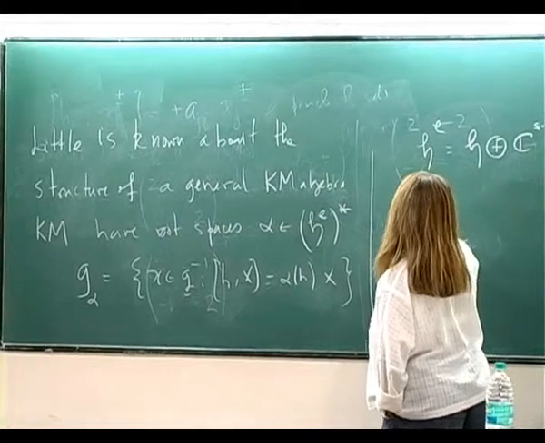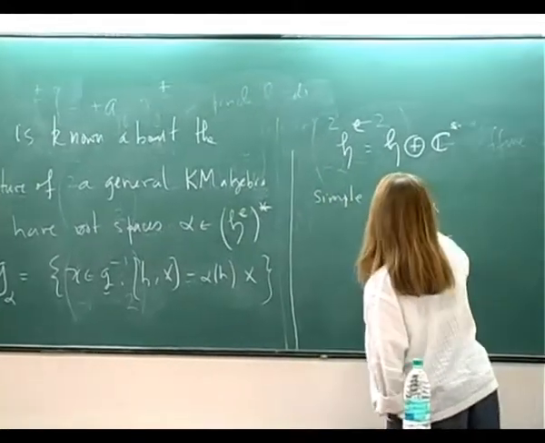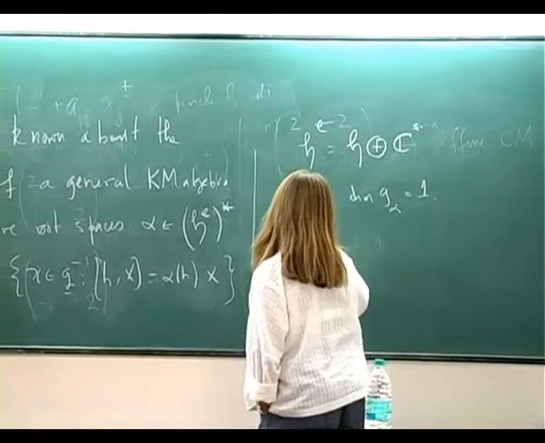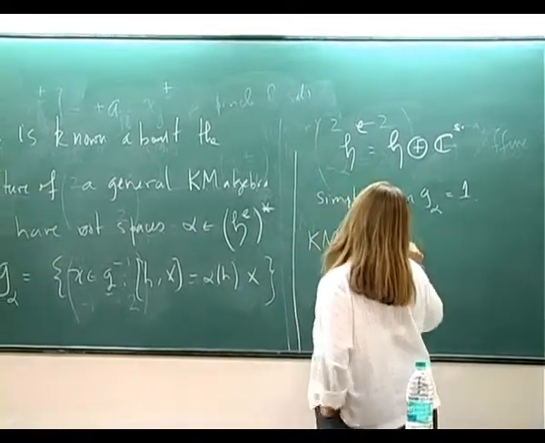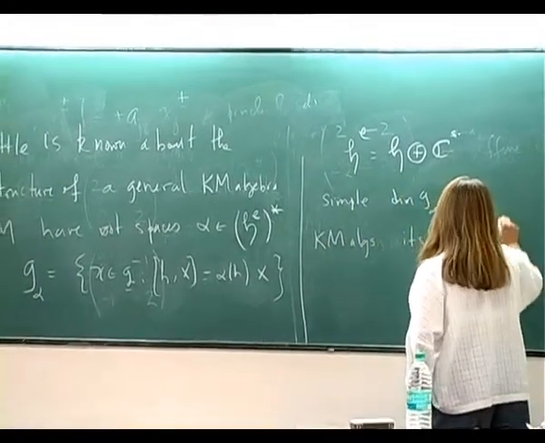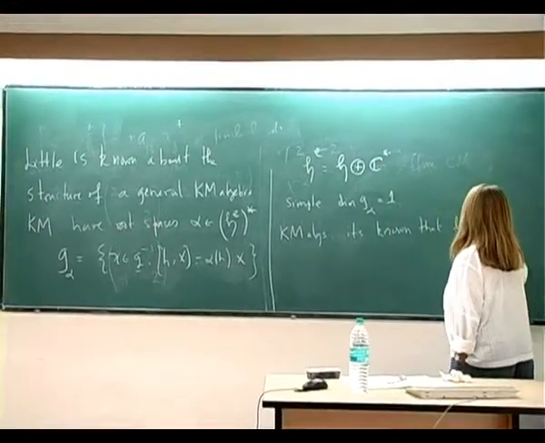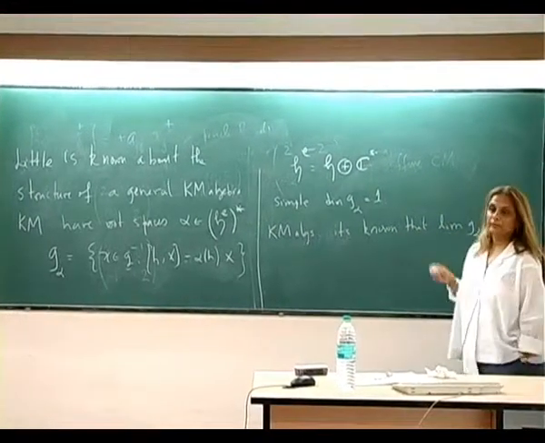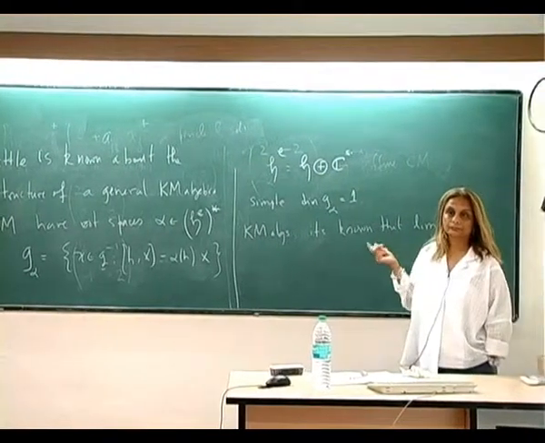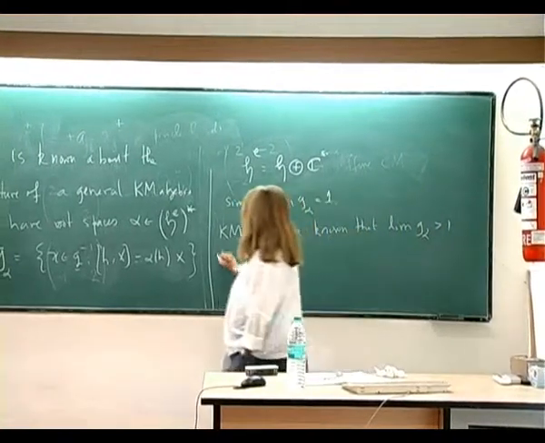For a simple Lie algebra, the dimension of G_alpha is 1. For Kac-Moody algebras, it's known that the dimension of G_alpha can be bigger than 1. But it's certainly not known what the dimensions are. Even bounds are not known.